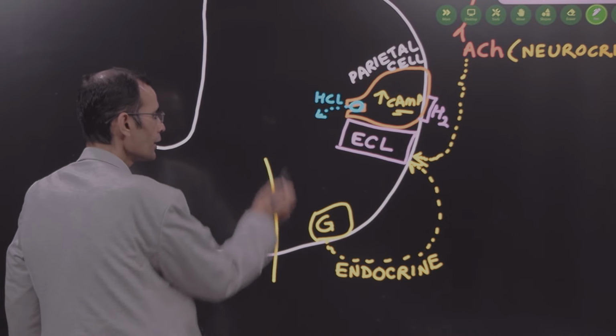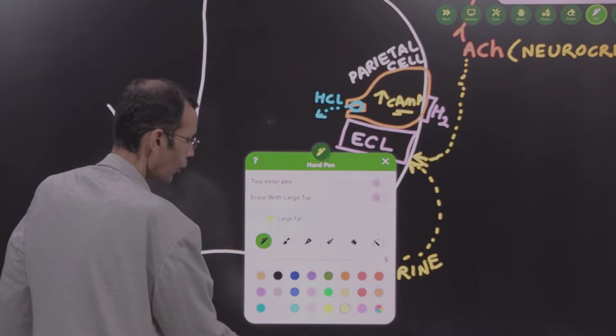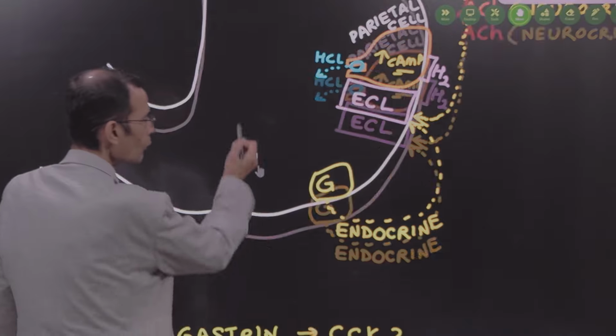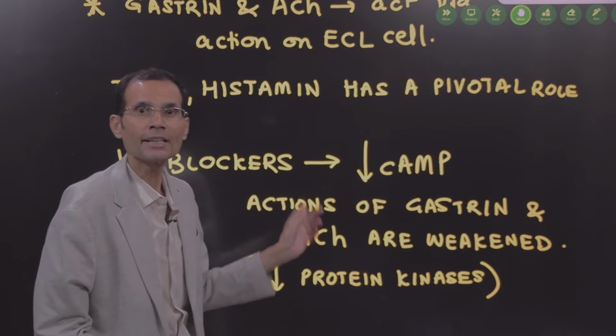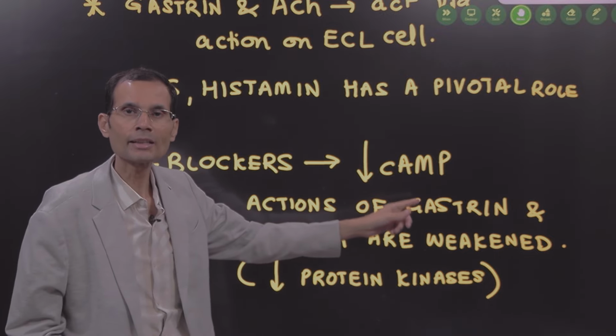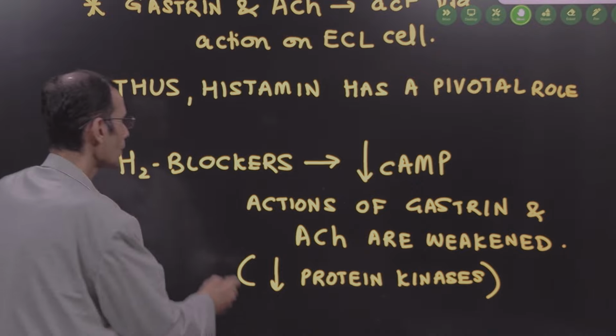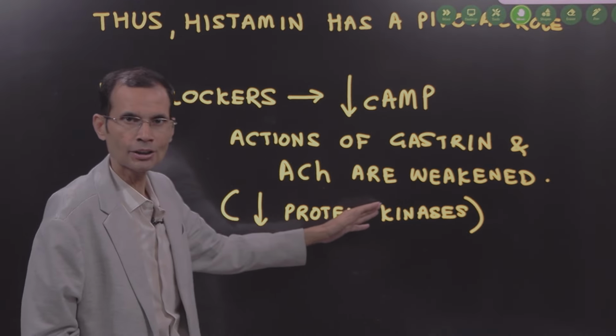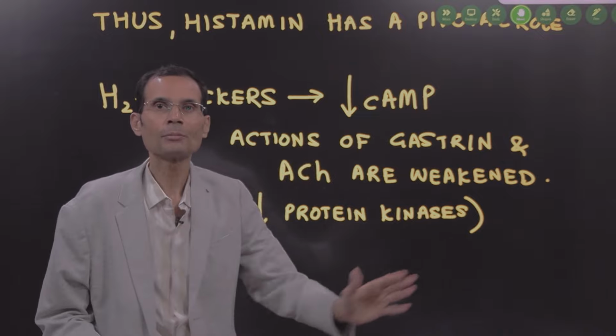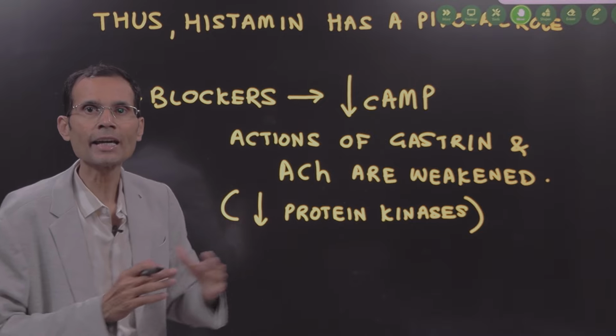So when you give an H2 blocker, those drugs decrease the cyclic AMP levels inside the parietal cell, and the actions of gastrin and acetylcholine are weakened because of a decrease in cyclic AMP.